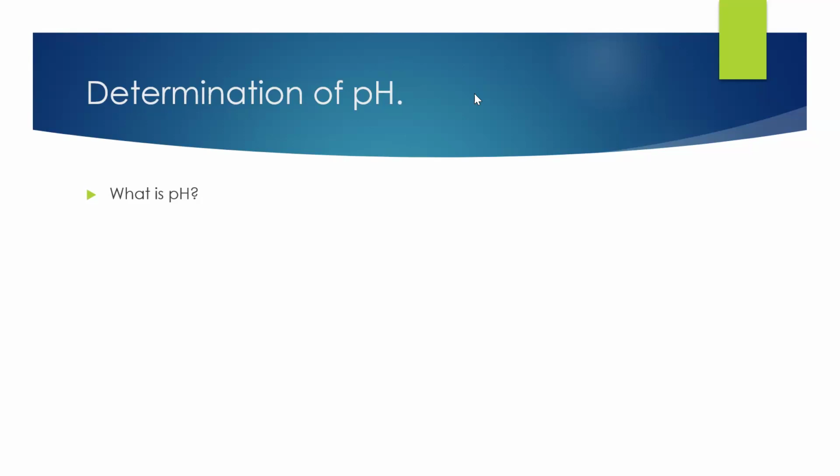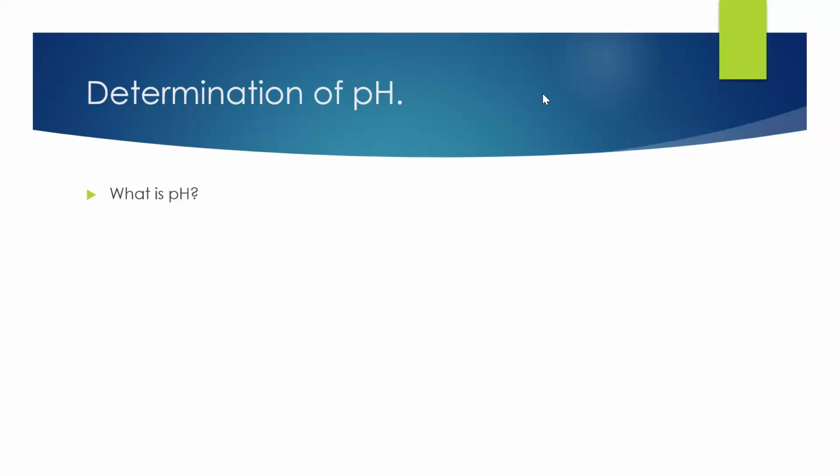Austin? pH is a scale used to measure the acidity of aqueous solution. Okay, thank you. pH is a figure expressing the acidity or alkalinity of a solution.